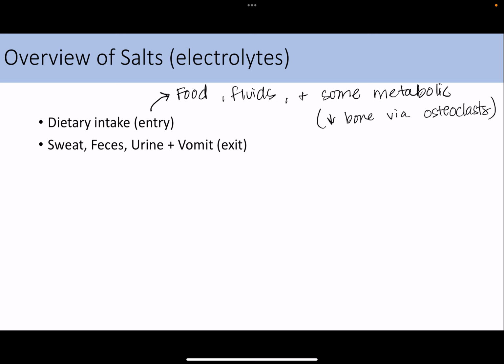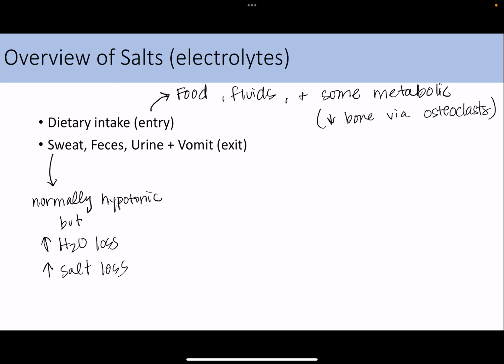How we get rid of salts is through our sweat. Sweat is normally hypotonic, so not very concentrated. But the more water we lose through sweat, the more salt we're going to lose as well.